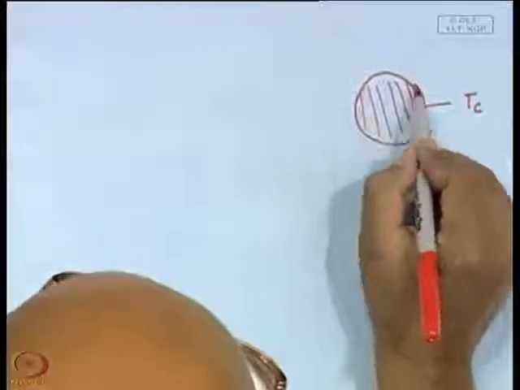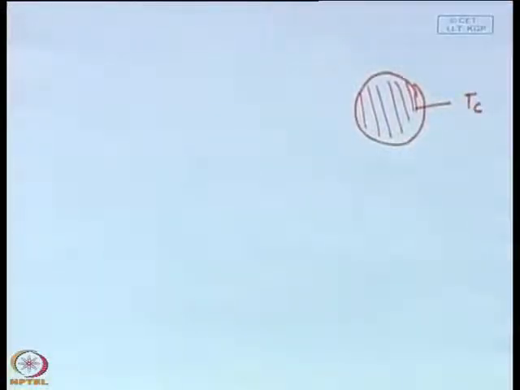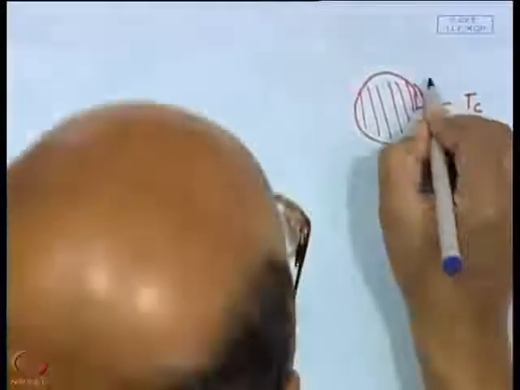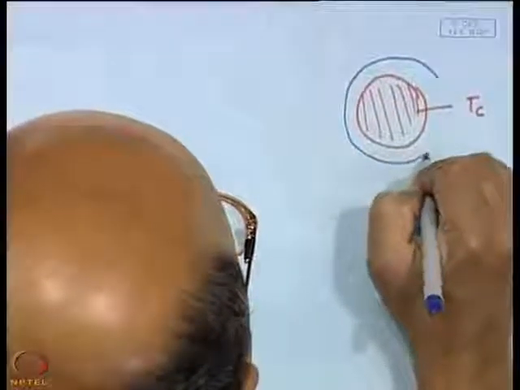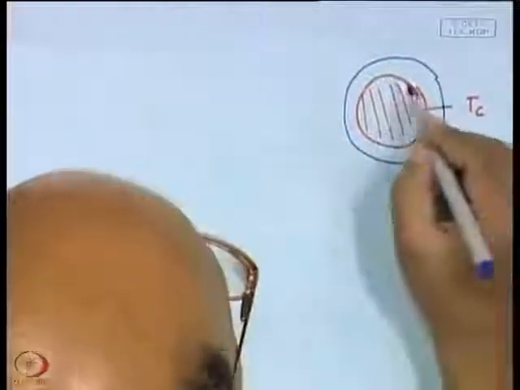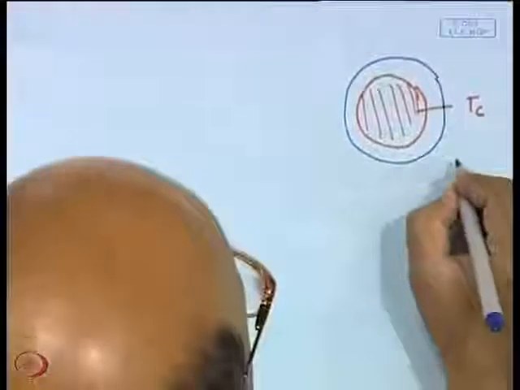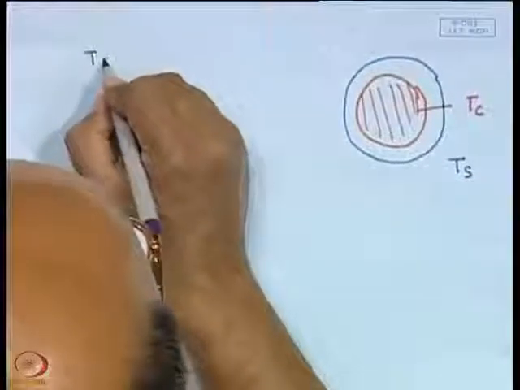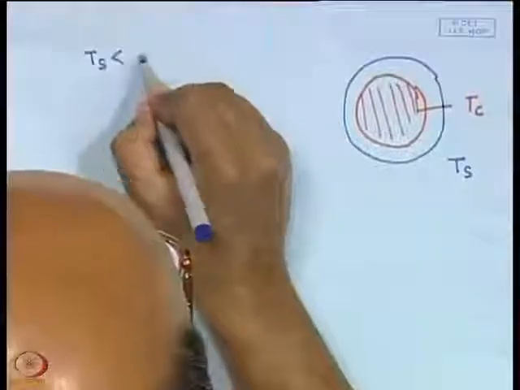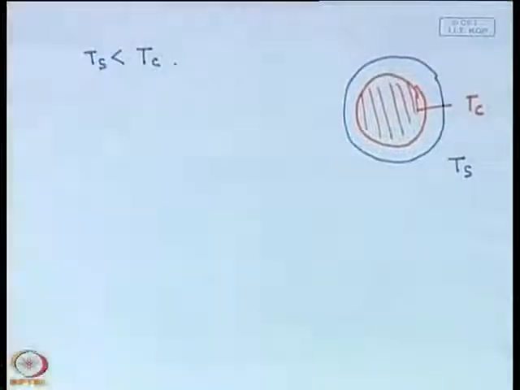Okay, so we have an opaque sphere of some temperature Tc, and let us now consider an atmosphere. This is the atmosphere of the sun, the thing outside it, a shell of gas at a temperature Ts, and Ts we have seen will be less than Tc. Okay, so this is our model.